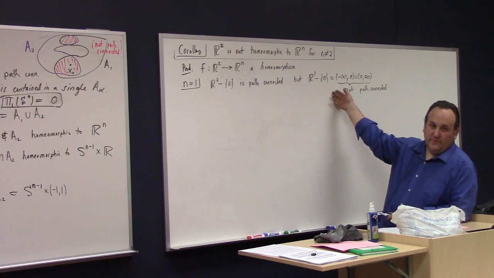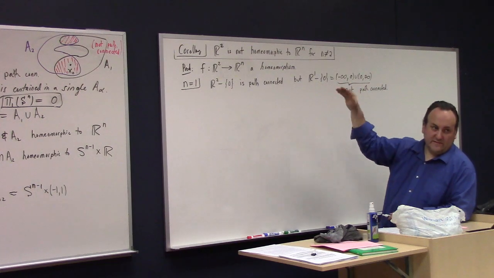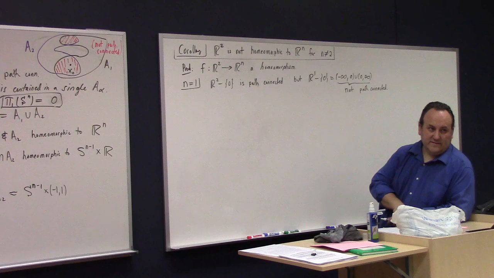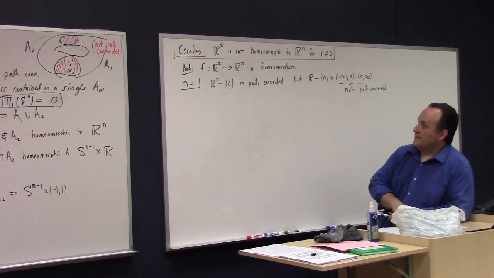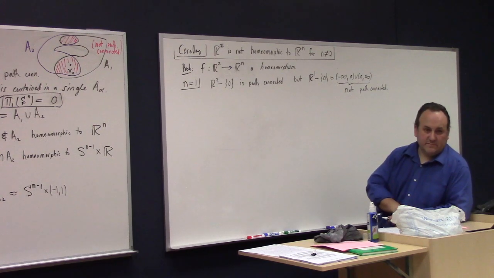But if you remove a point from R1, it's not path connected. But one of the properties of homeomorphism is that it preserves path connectedness. Path connectedness is a topological property. Homeomorphisms preserve all topological properties. That's the whole point of the fundamental group in part: it is a piece of topological data that has to be preserved by a homeomorphism.